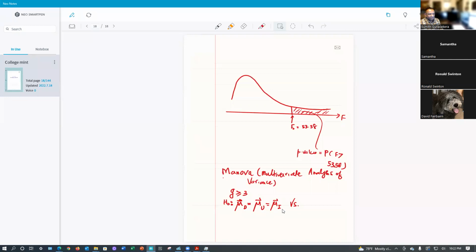Difficulty, usefulness, and importance, versus its counterpart. 3 of them, whether they are the same, they will produce the same result. Within each one, we have 2 variables. Can you remember? We have 2 variables, so this should be 2 by 1. This should be 2 by 1. This is also 2 by 1.